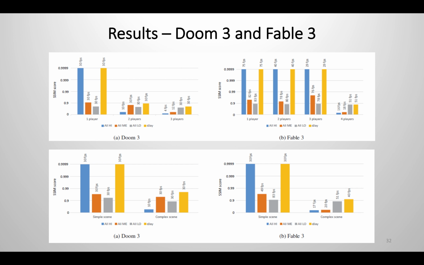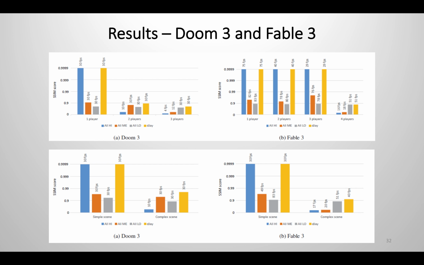Yeah, so here we have two graphs. The top graph is comparing the results of DJ with the static settings. Basically, the blue one is when the game is played at all high throughout. Orange is all medium throughout, and low is the gray bar.